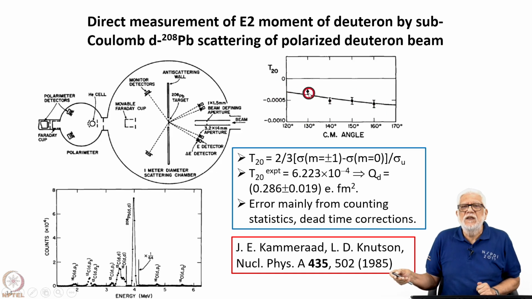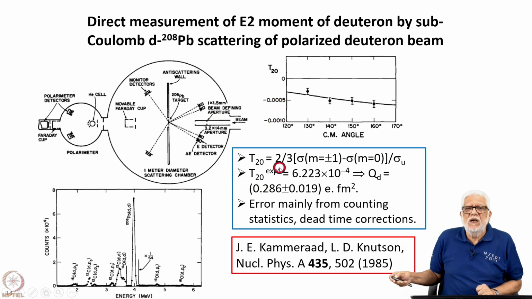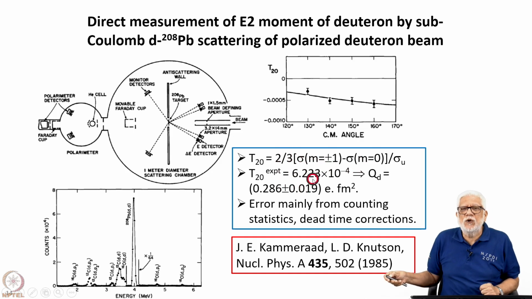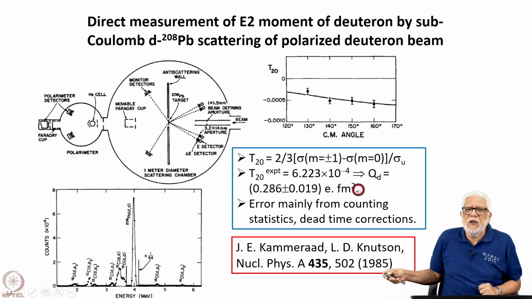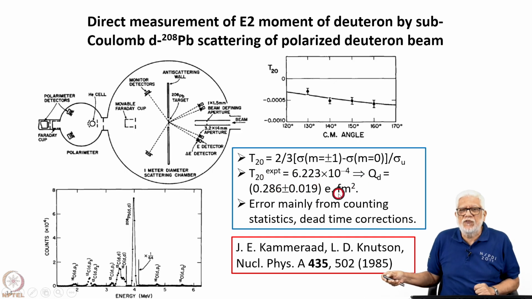It is a very small effect, of the order of 0.05 percent, and this arises because there is a difference in scattering from the m equal to plus and minus 1 states as compared to the m equal to 0 state. The T20 is about 6.2 times 10 to the minus 4, and from that they infer a quadrupole moment of 0.29 or so e fm squared.